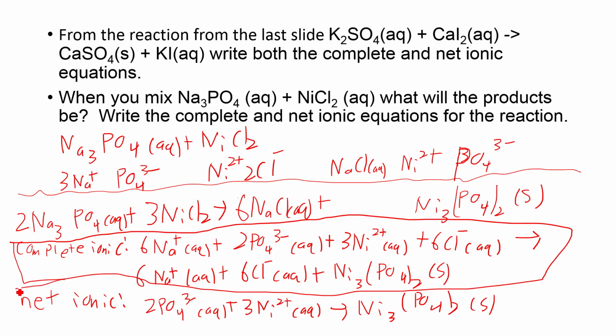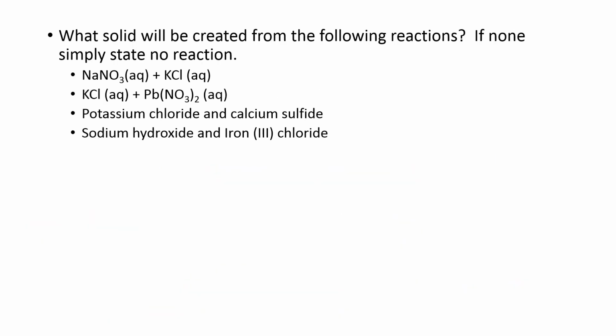So that is now our net ionic equation. So now we have a net and a complete ionic equation for this reaction where we only started with the 2 compounds. Okay, let's look at a few others that are just shorter versions of this.